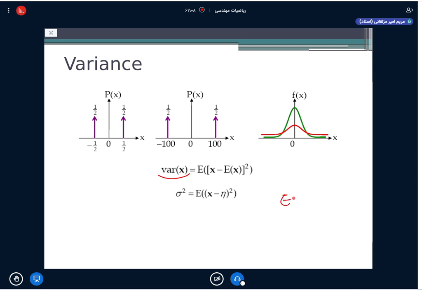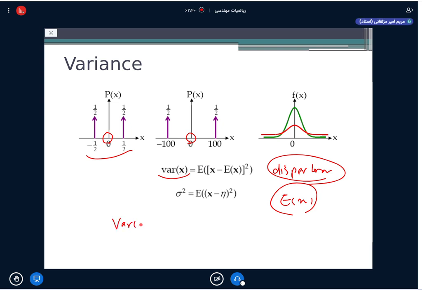Okay? So the variance shows the dispersion of distribution around EX. Here in this example, the dispersion around the mean, which is equal to 0, is a small value. But here, the dispersion around the mean that's equal to 0 is a large value. Okay?